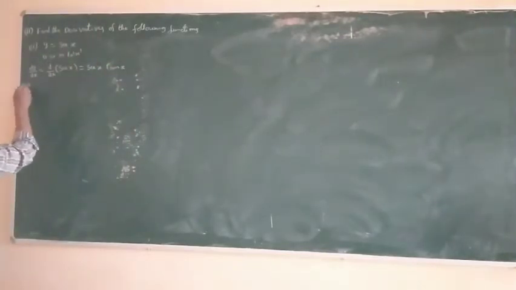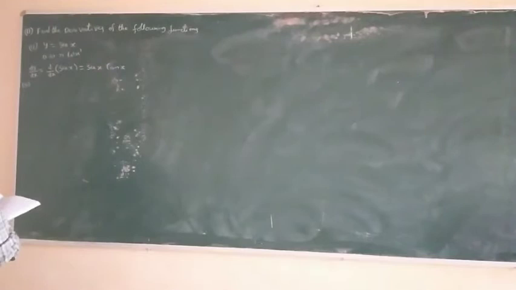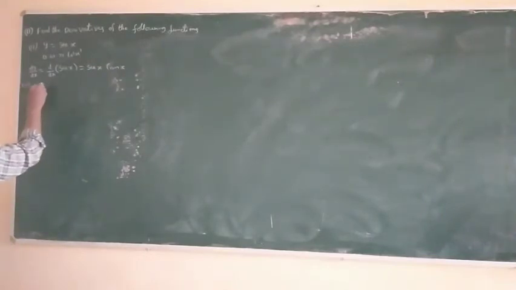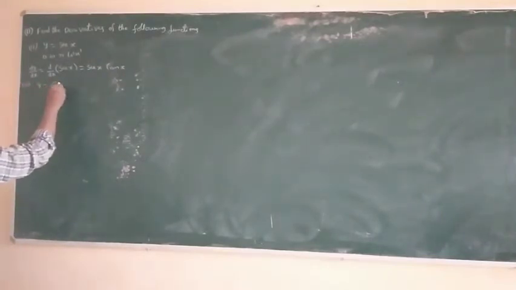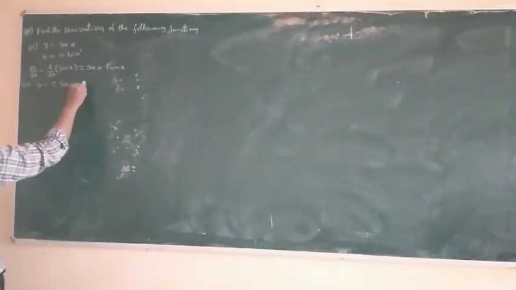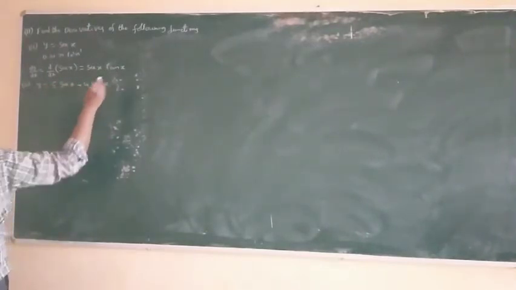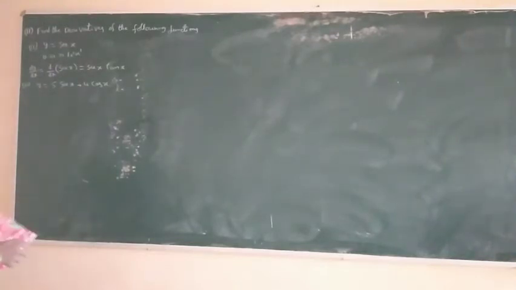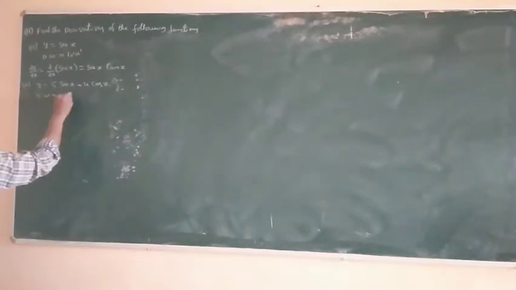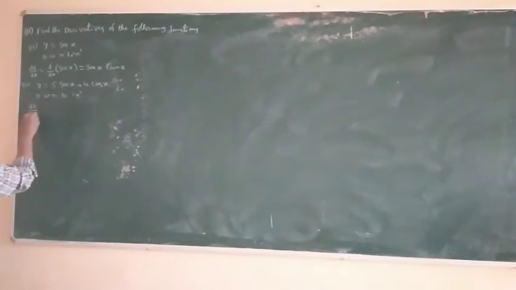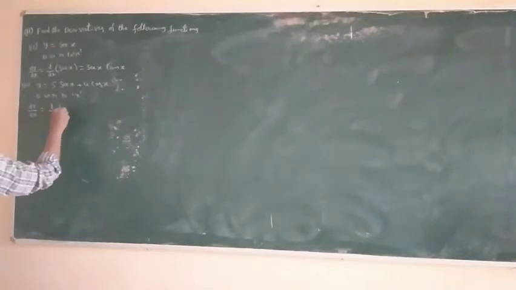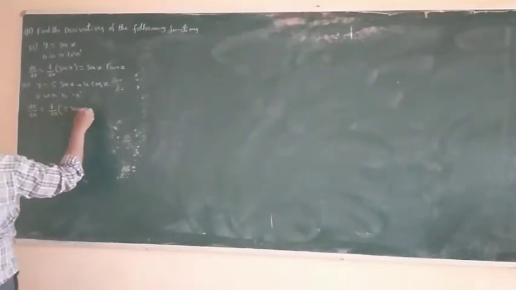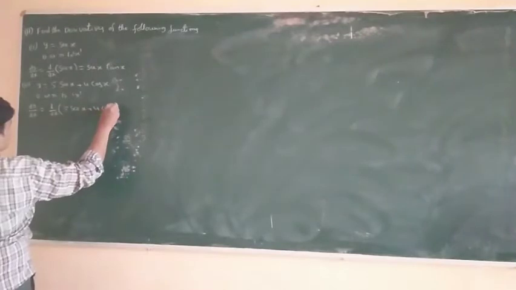Third one, y is equal to 5 secant x plus 4 cos x. So, derivative with respect to x. dy by dx is equal to d by dx of 5 secant x plus 4 cos x.